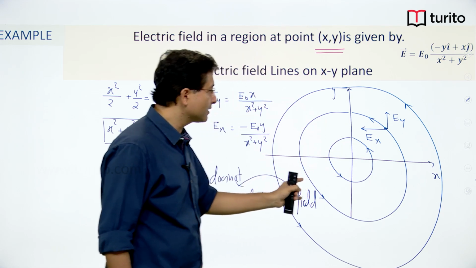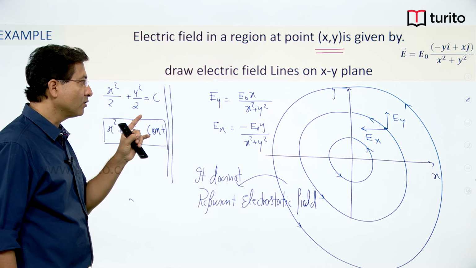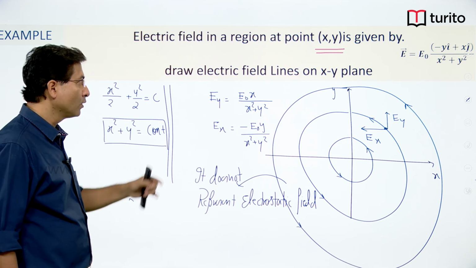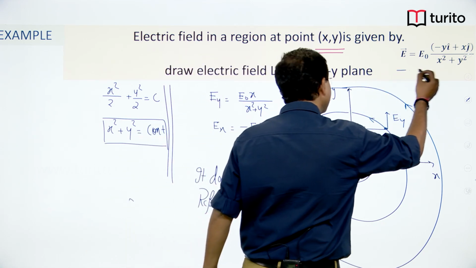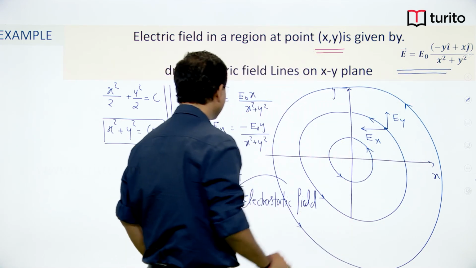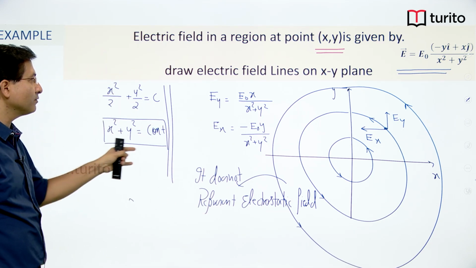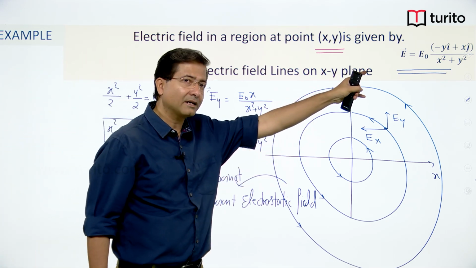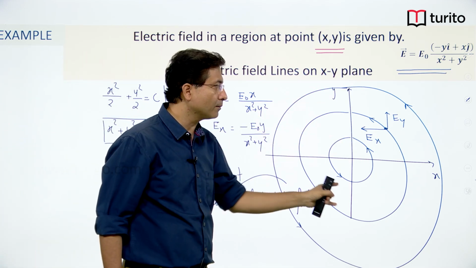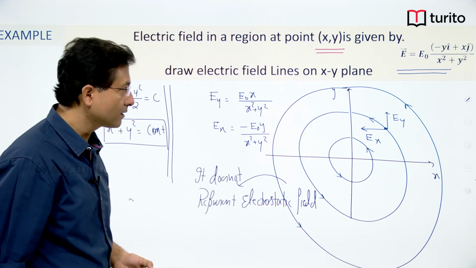So this is an example of a non-electrostatic, or non-conservative, field. The concept is clear: the expression will be given to you, you simplify it to get the relation between x and y coordinates, plot it, and use the expression to find the direction, and by that we can plot field lines in space.